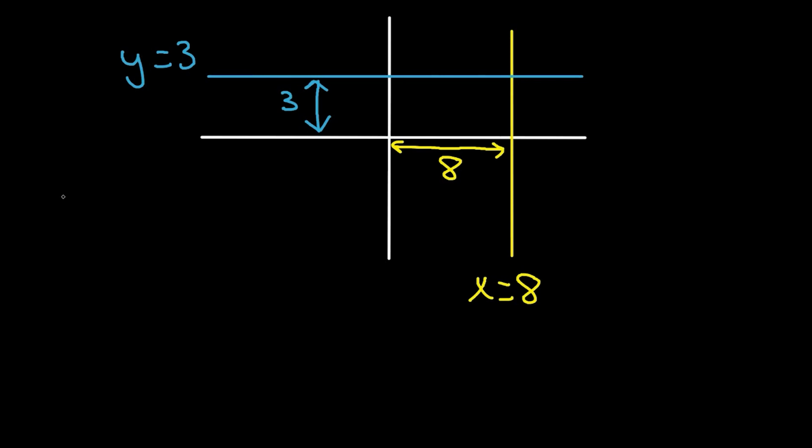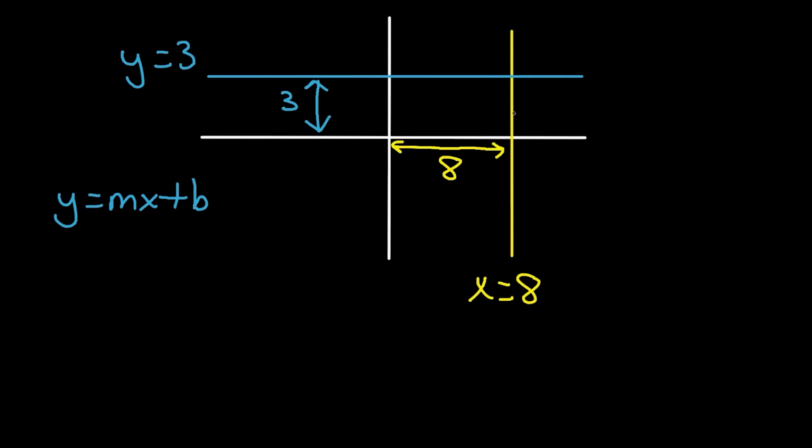This is of the form y equals mx plus b. Just in this case, m is equal to 0. So horizontal lines have a gradient of 0. So you just have a constant value. Y is equal to 3.